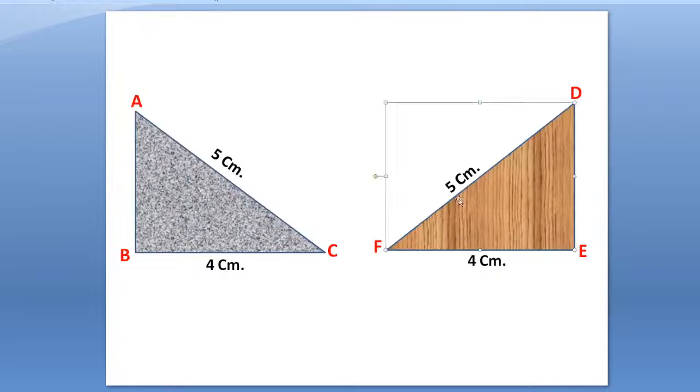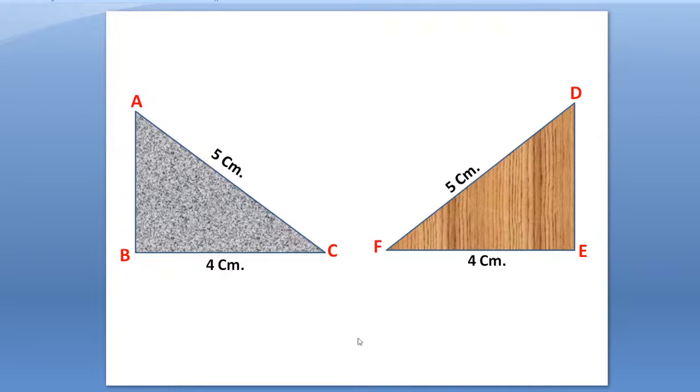I am trying to turn this triangle, but I can't do so here. But if you place side DE on AB, automatically side EF will cover side BC and FD will cover AC. So the two triangles completely cover each other.